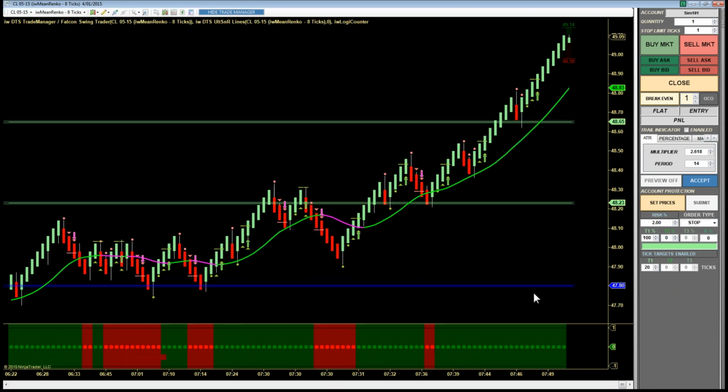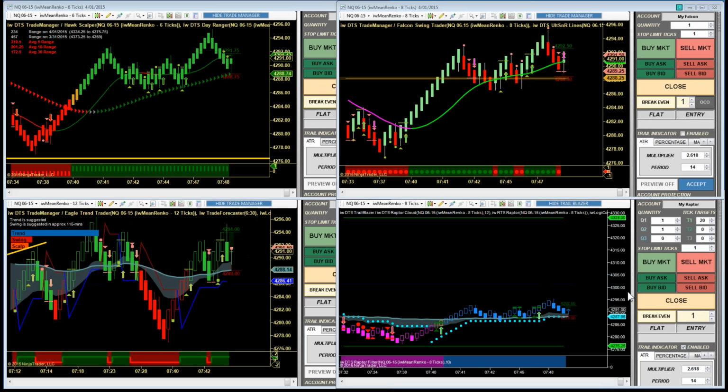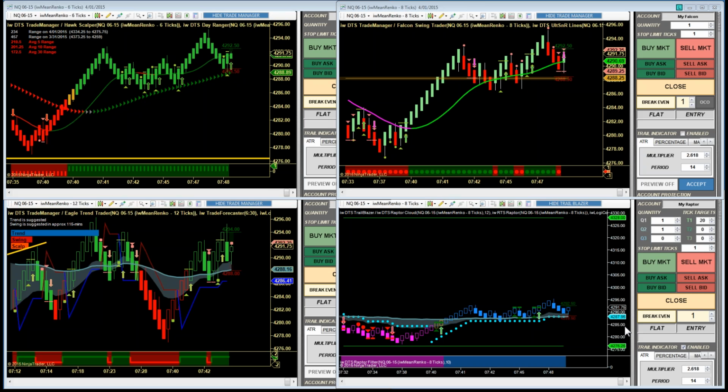Knocking it out of the park. Good for you. She's up 600 and change. Well done. She's using the swing lows to give her a little bit of staying power.